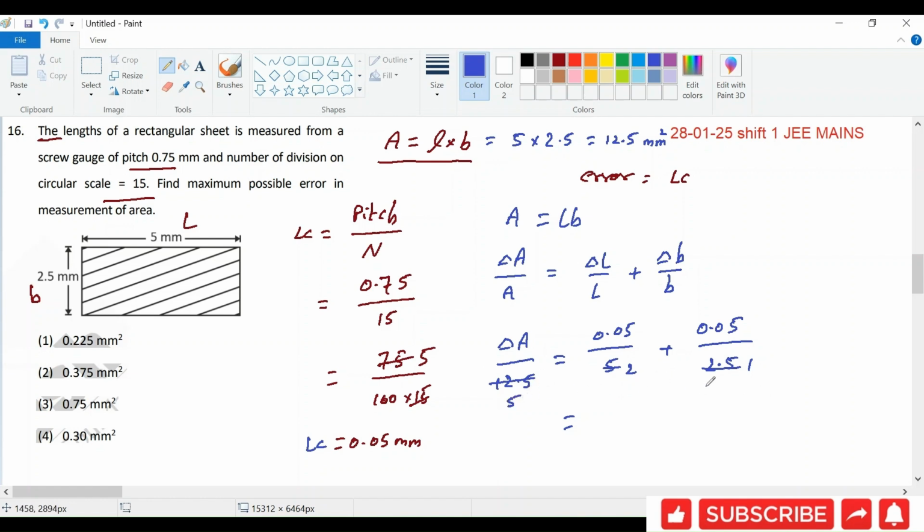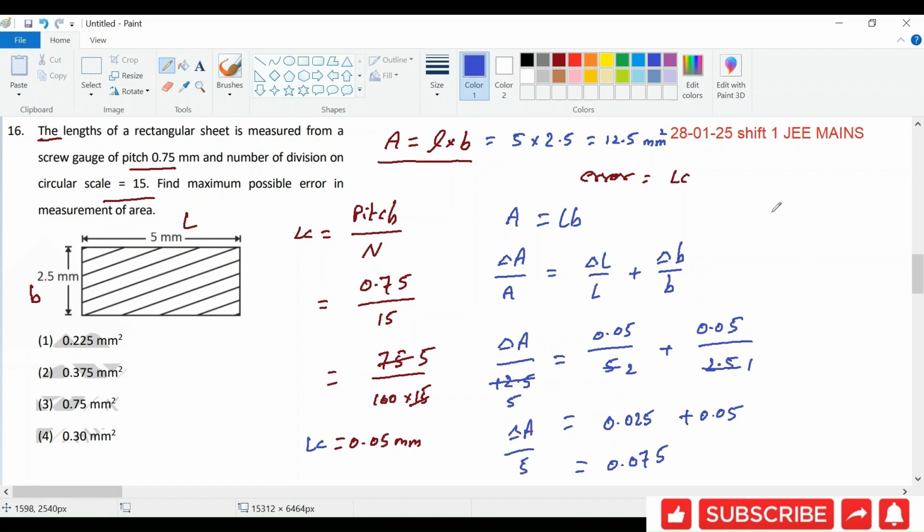You can cancel 2.5. So what you got? This value into 5 will come, right? This value is 0.025, plus 0.05, is equal to 0.075. This is delta A by 5.